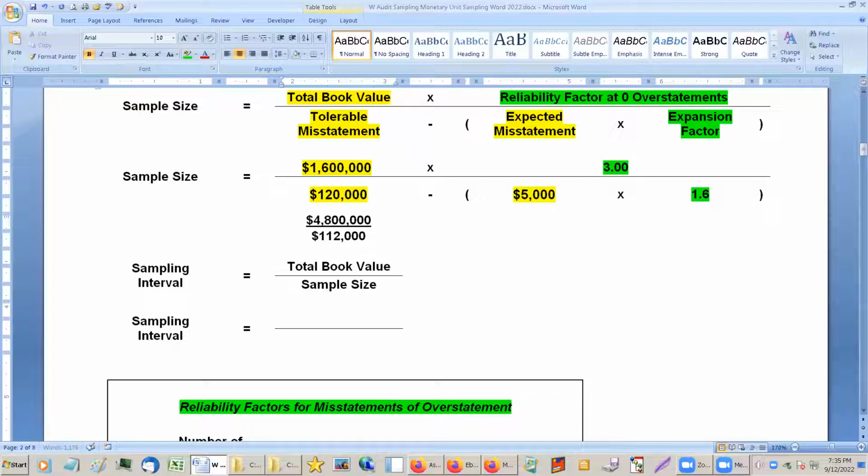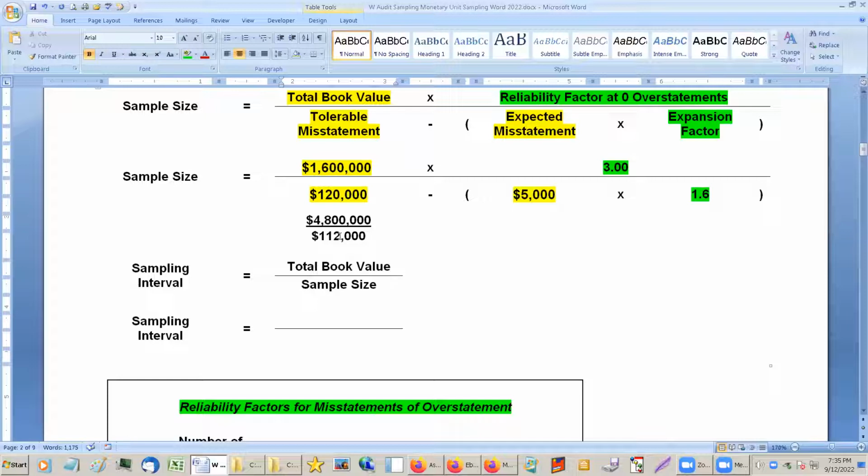I hope this doesn't goof up when I do this. Okay, so sample size is 4.8 million divided by 112,000. That's 42.85. Now, remember, this is a sample size, so we probably can't take 0.85 of an item.